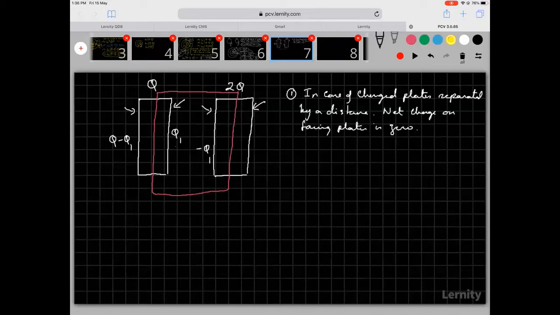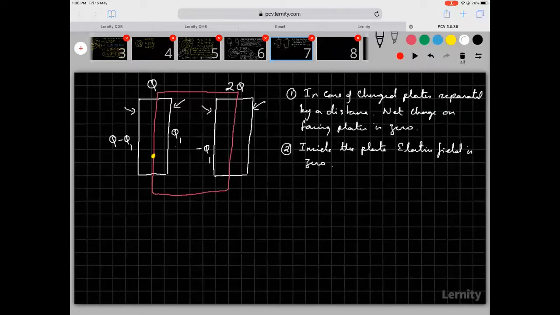Now I am looking at a point inside. Okay, the second theoretical concept is inside the plate, electric field is 0.